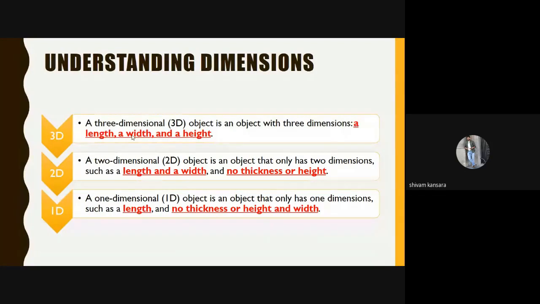In a two-dimensional system, there is only length and width, no thickness or height. That means we only extend in two dimensions and have to confine one direction. Like in the XY two-dimensional system, the Z dimension should be confined.